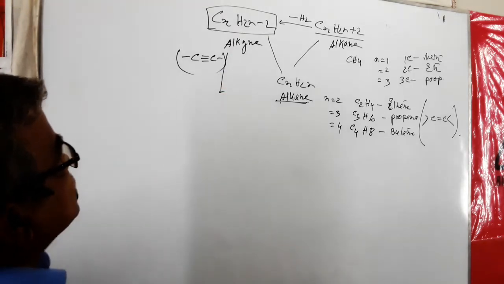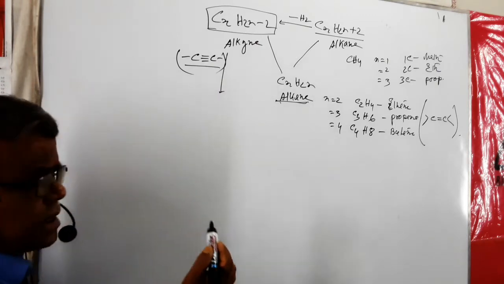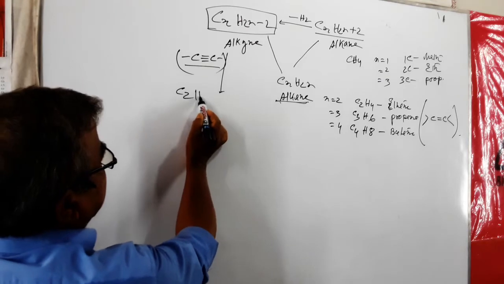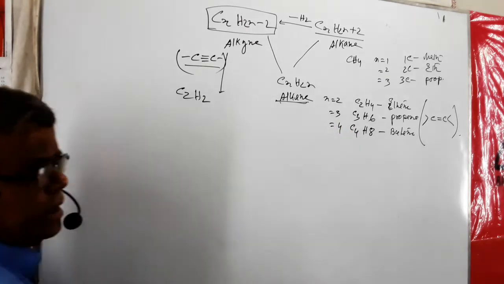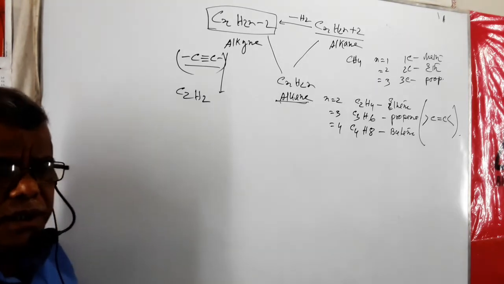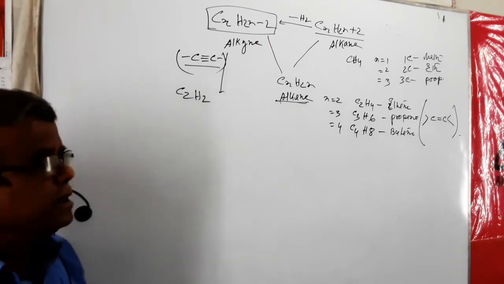In the case of alkyne containing carbon-carbon triple bond, the first member of the alkyne is C2H2, which is 2 hydrogen less. Alkyne is that compound which is 2 hydrogen less than alkene.